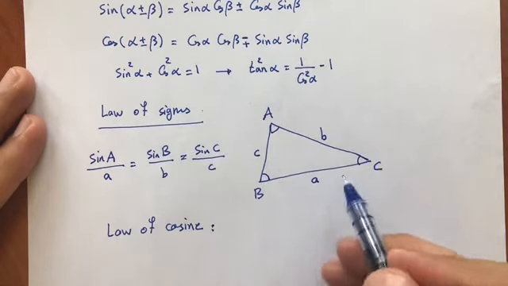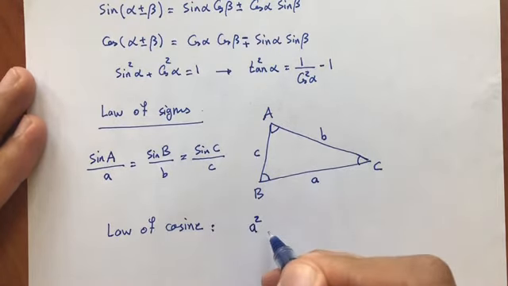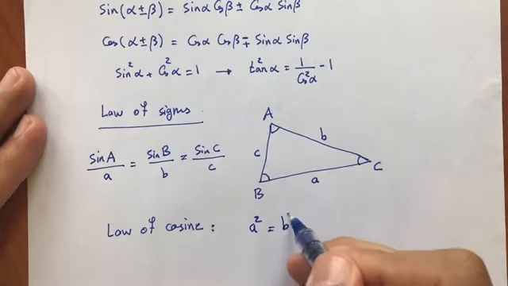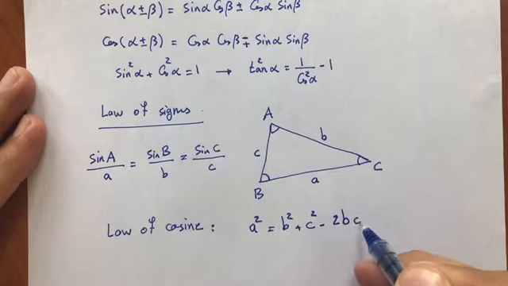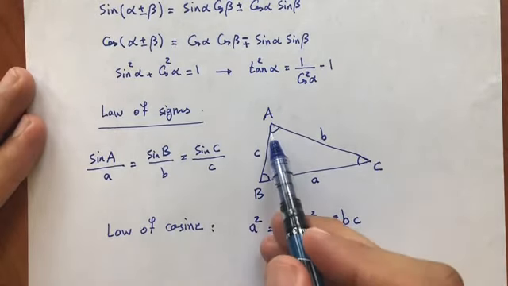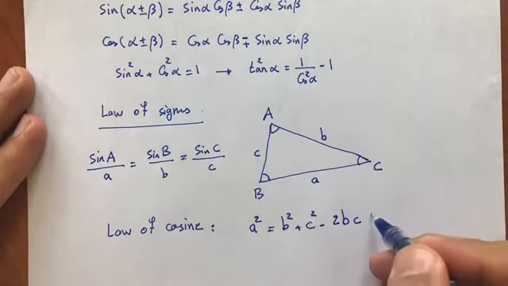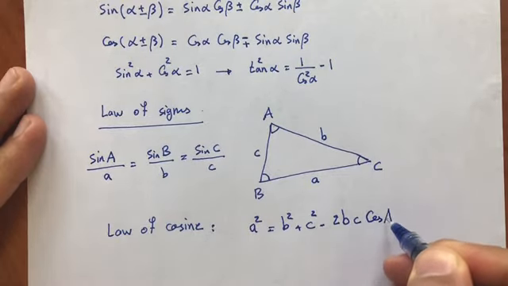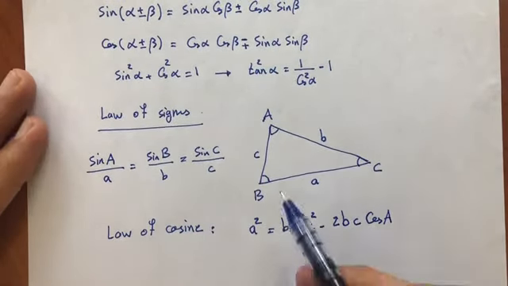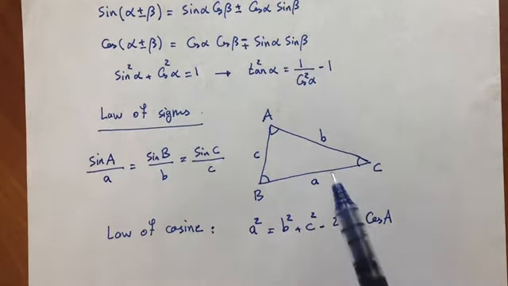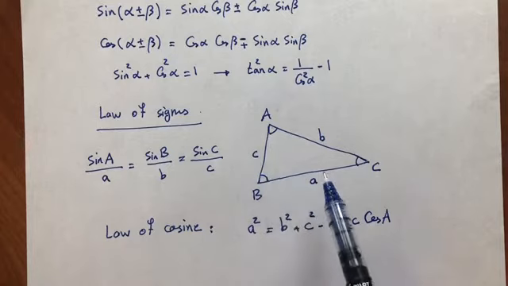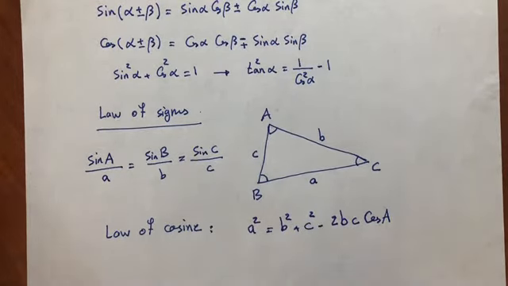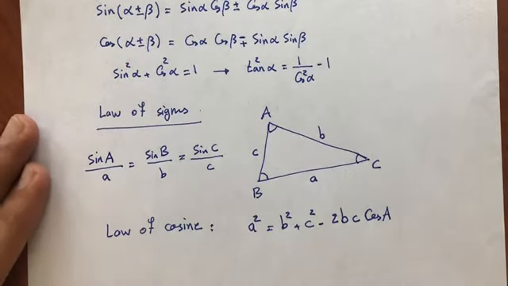For example, you can write a squared is equal to b squared plus c squared minus 2 times b times c times the cosine of the angle between them, which is cosine of A. And you can do the same thing for the other sides. So for example, you can write b squared is equal to a squared plus c squared minus 2 times a times c times cosine of B. So you can have different versions of this equation.